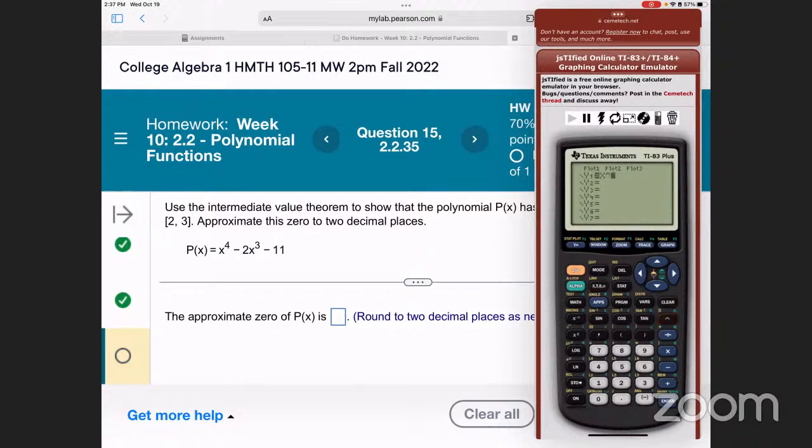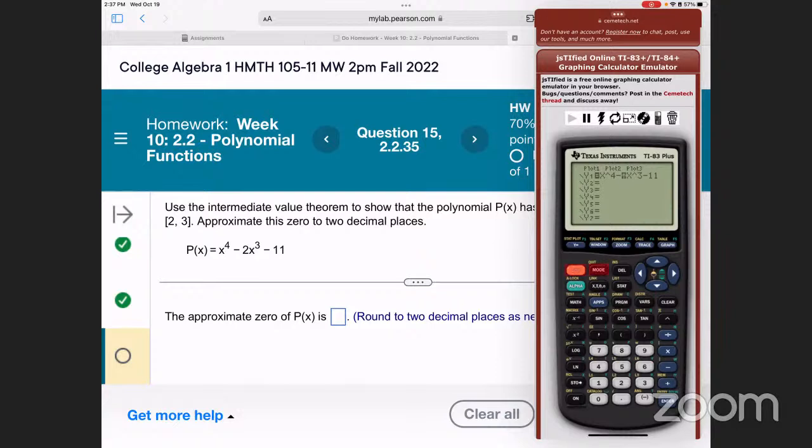So x to the power of 4 minus 2x to the power, so hat cubed, okay, minus 11. All right, we're getting in there. Okay, yeah, this looks good. Oh, minus, right? X to the 4, and this needs to be a minus 2x cubed minus 11. Okay, so we put that in there.